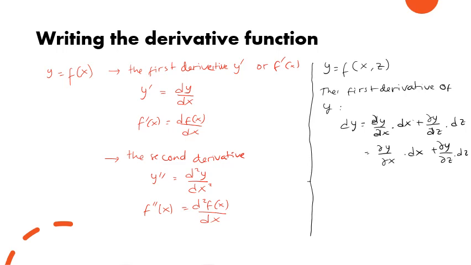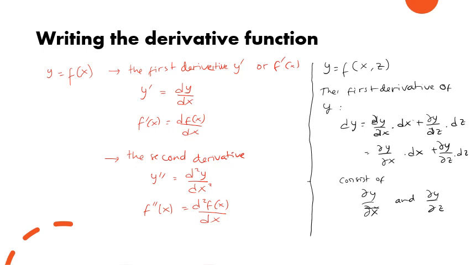So the first derivative of y consists of ∂y/∂x and ∂y/∂z. So you have to derive that one by one.